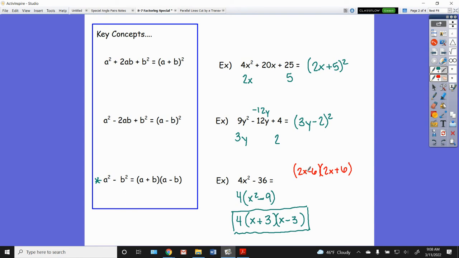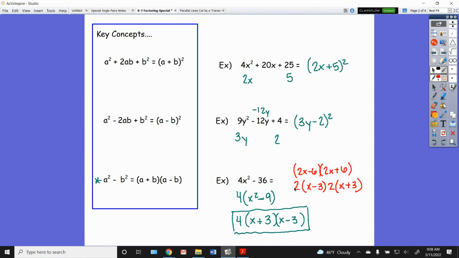So to simplify the first parentheses, I would have had to factor out a 2 and gotten x minus 3. And then to simplify the second parentheses, I would have had to pull out a 2 and gotten x plus 3. And remember, all this is multiplication, right? So I can rearrange stuff.